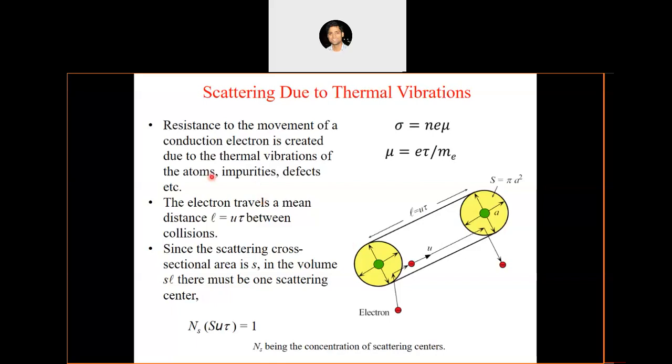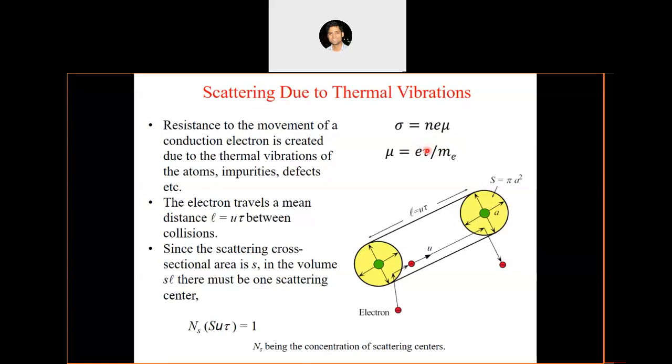And these scattering events are the reason for the resistivity in any particular material. So any event which affects your relaxation time or scattering time, represented as tau here, will add to the resistivity of the material.